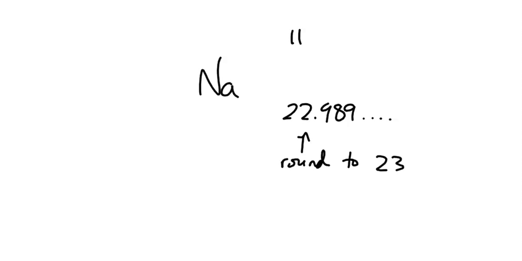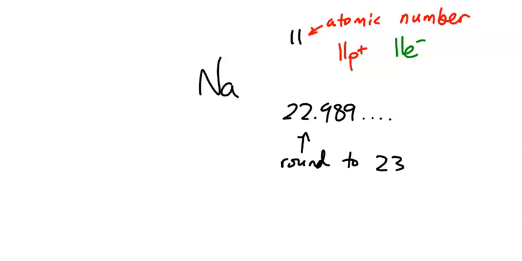So, this one here is the atomic number. It's always a whole number. Okay, so that tells us immediately that there is 11 protons, and since an atom doesn't have a total charge, that means you have to cancel out there too. So 11 electrons.